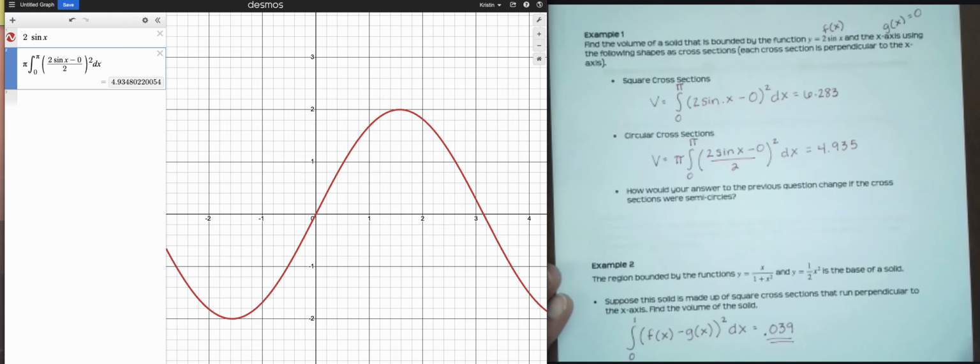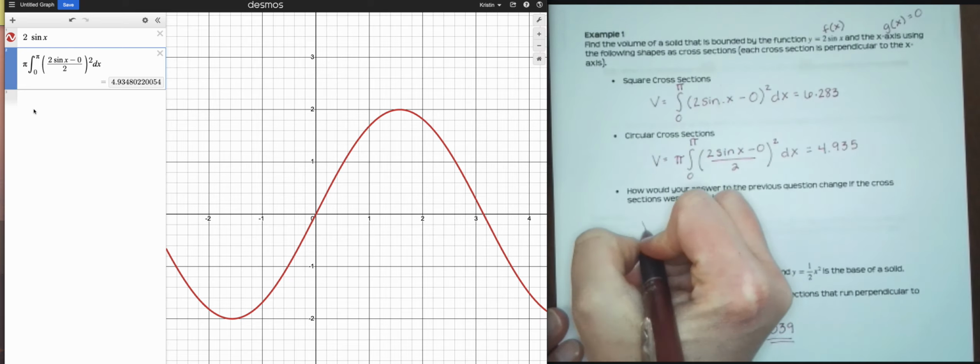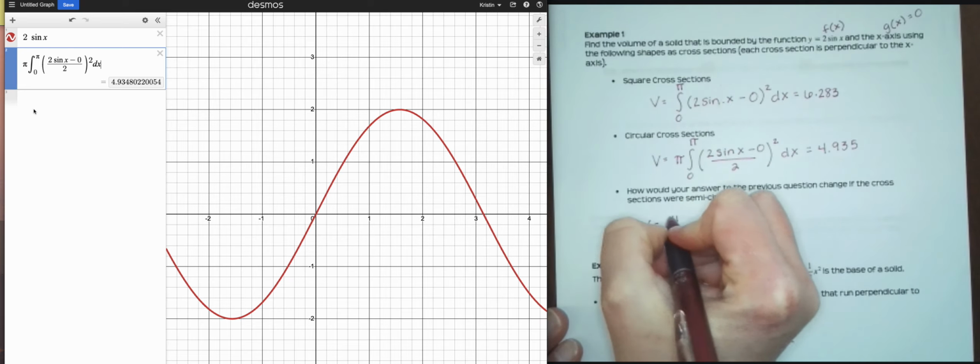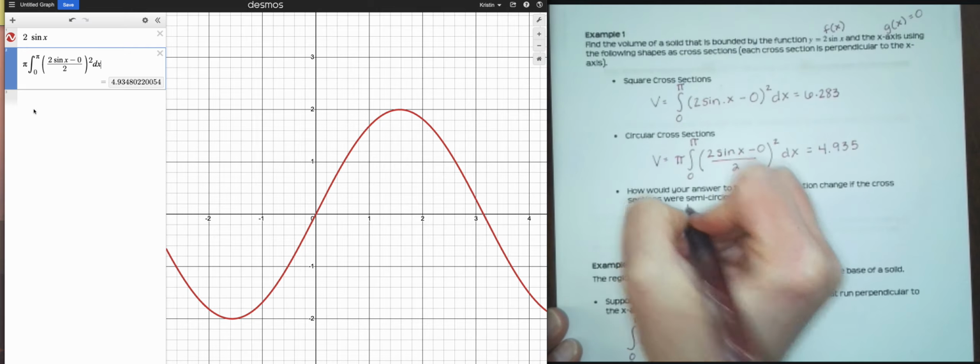Now, going from circles to semicircles is not hard at all. Okay, circles to semicircles, the only thing that's going to happen is basically this number is going to cut in half. We would show that in our integral by making this either a 1/2 pi or a pi over 2.